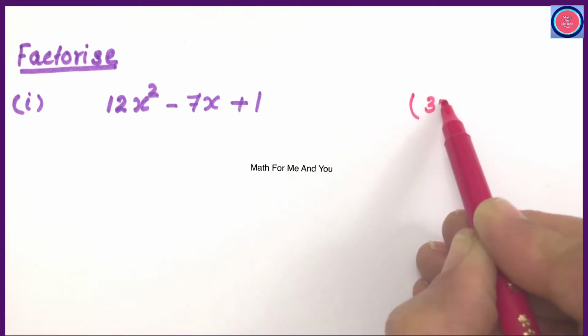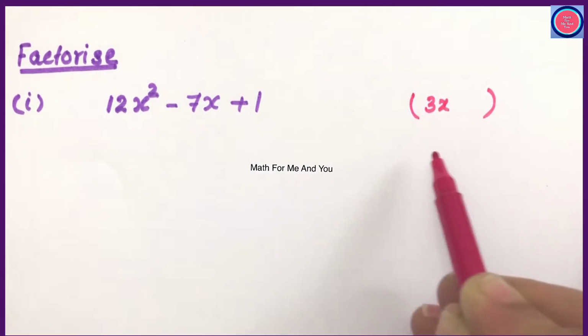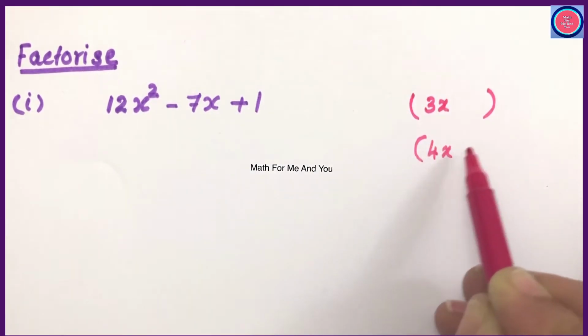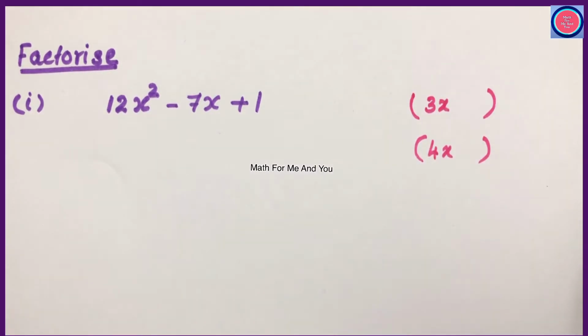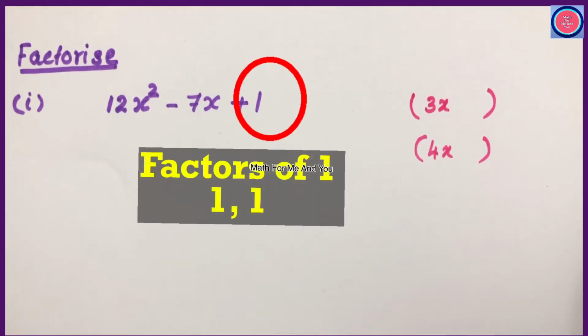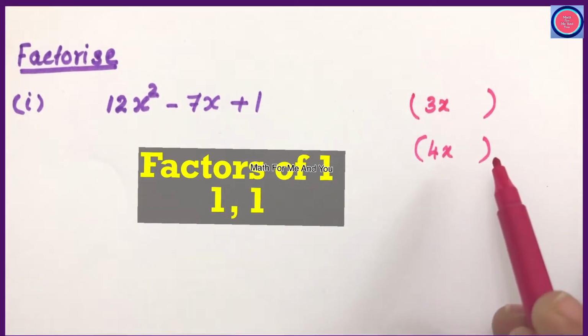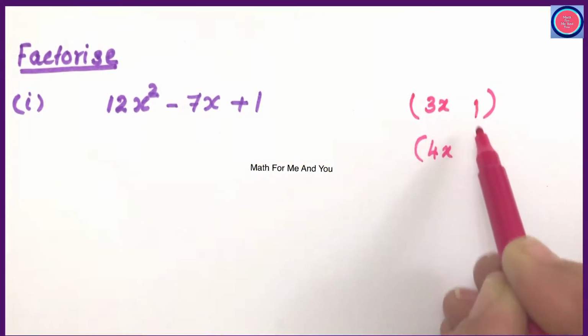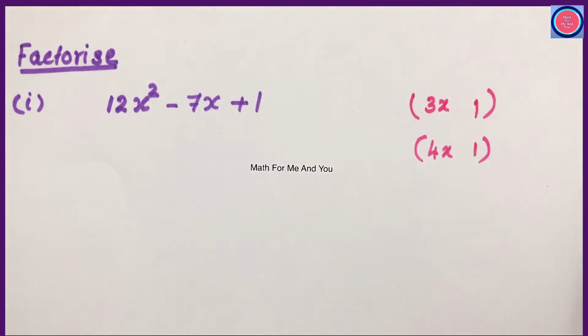Now we can write 3x and a number as the first factor and 4x and a number as the second factor. Which numbers will we write here? We get these numbers from the constant. See, the constant is 1. What are the factors of 1? 1 and 1. So write 3x with the factor 1 and 4x with the factor 1.